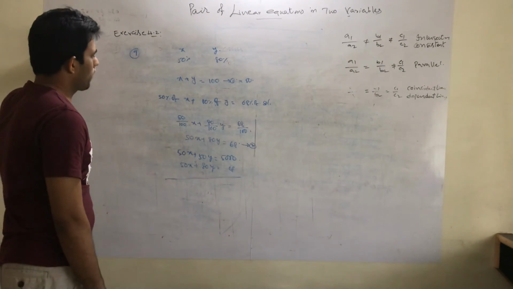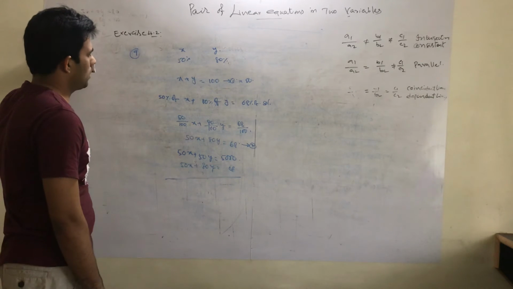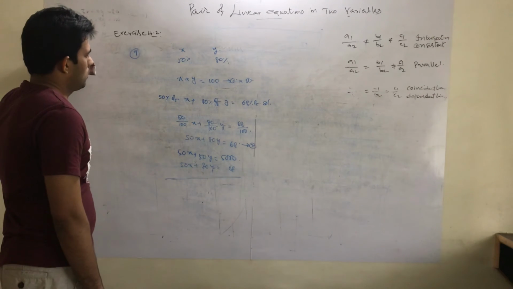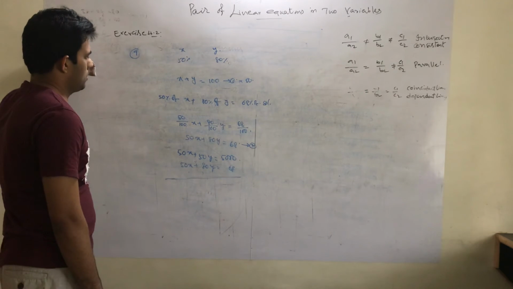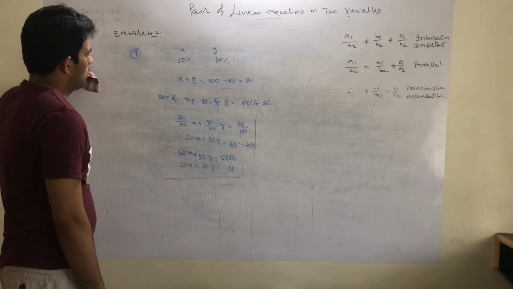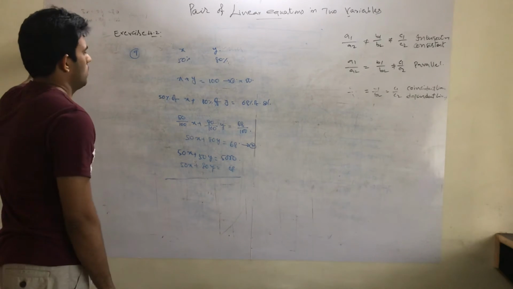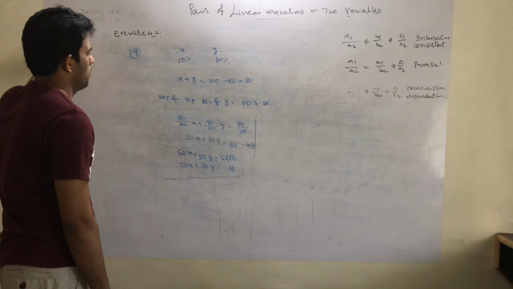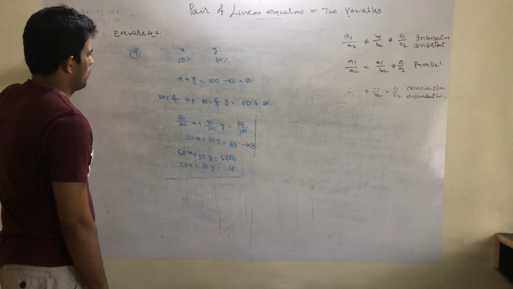So 50x plus 80y equal to 50% of x. 50% of x means it has a concentration of 50%, right?